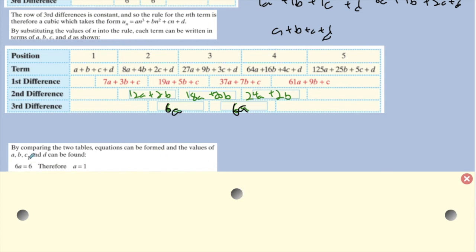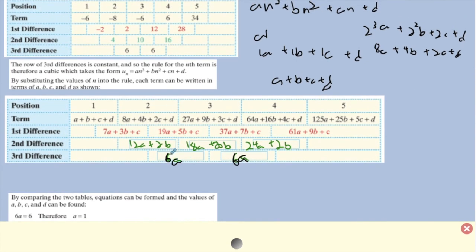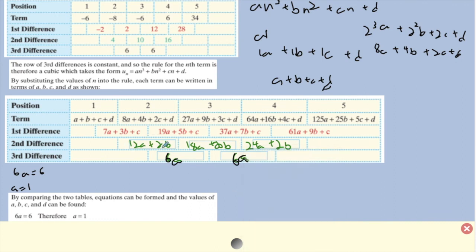So we know 6a equals 6, so a equals 1. Okay? We know that 12a plus 2b is 4. 12a plus 2b equals 4.